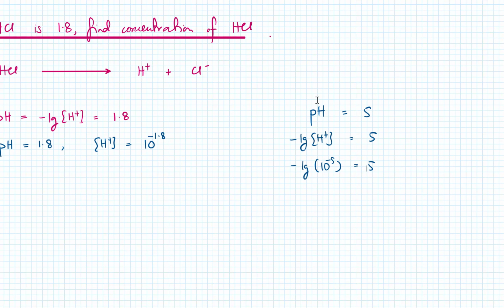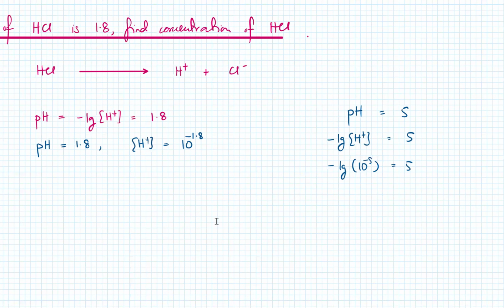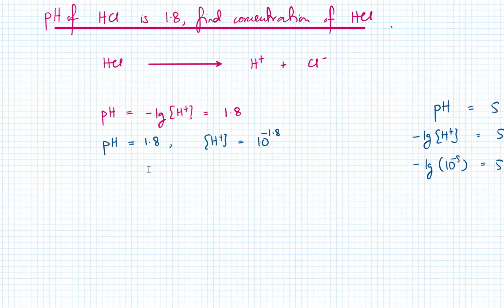Whenever you see pH is equal to 5, that means H plus 1 concentration is 10 power minus 5. So whenever somebody tells you that pH is 1.8, that means the concentration of H plus 1 is 10 power minus 1.8. If you take the negative log of this, you're going to get 1.8. Is that clear?